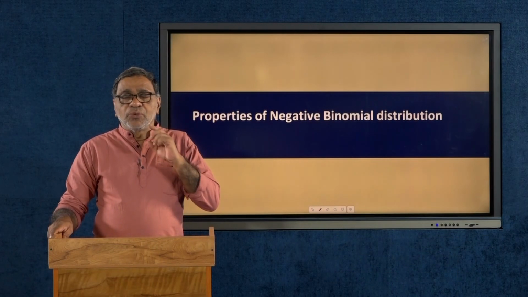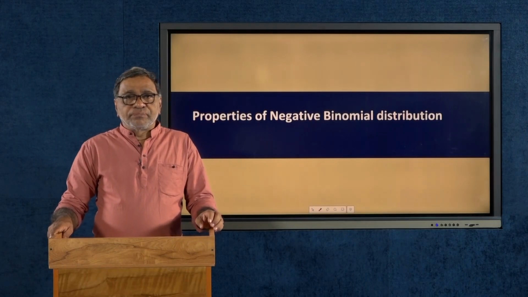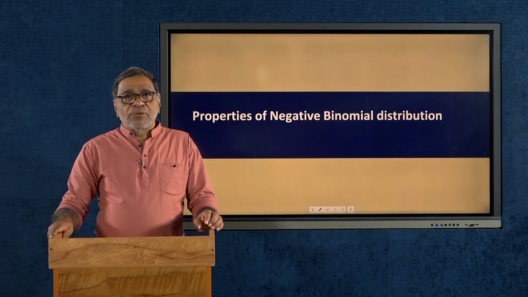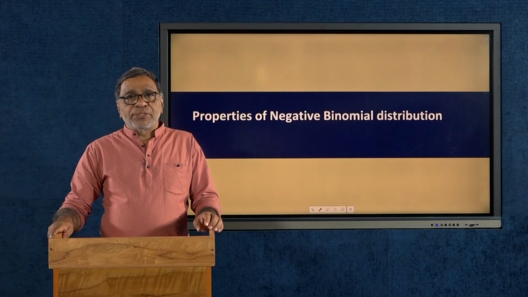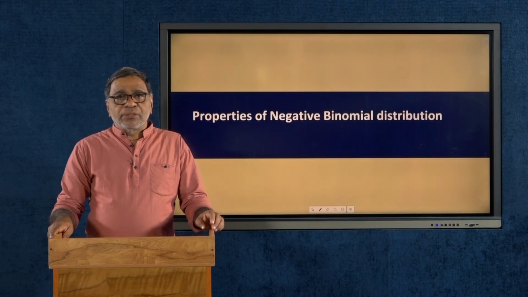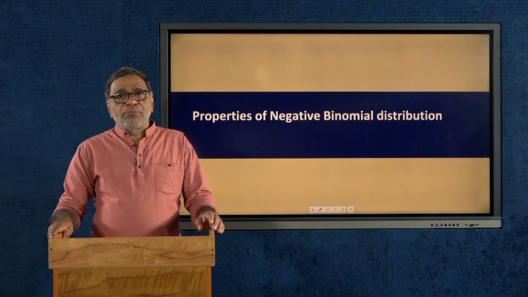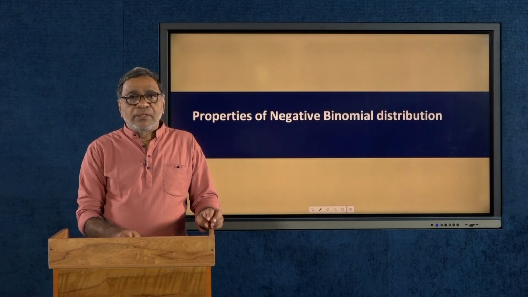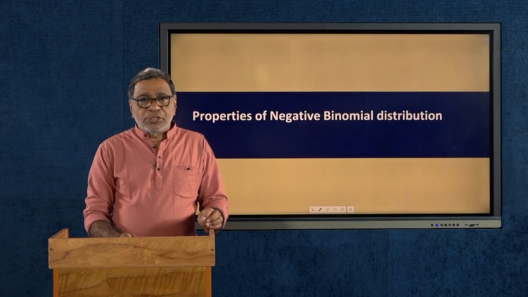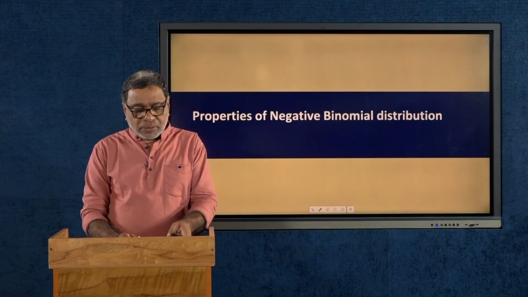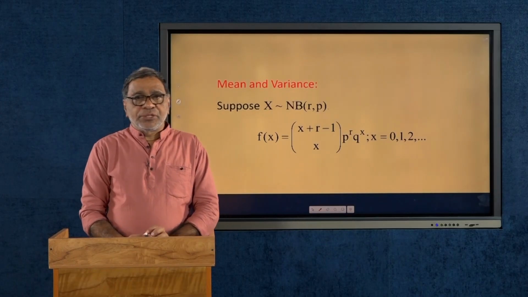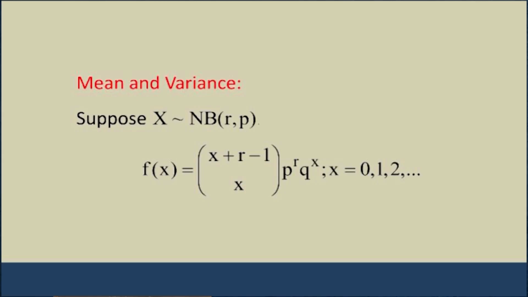So, in this module, we included the method of finding mean, variance, probability generating function, moment generating function of negative binomial distribution. And we have defined the negative binomial distribution as the probability mass function of the negative binomial distribution with parameters r and p.